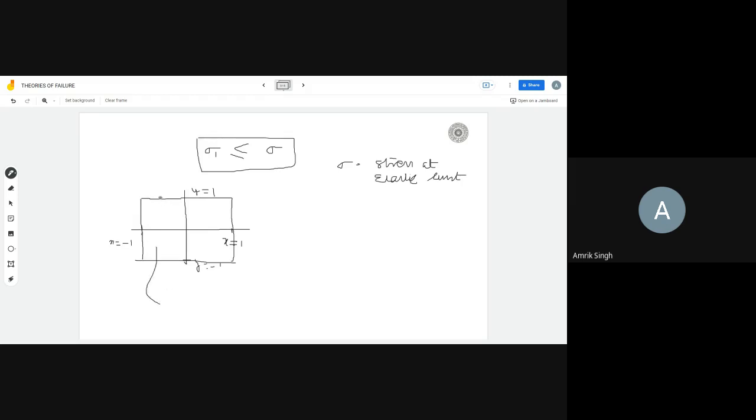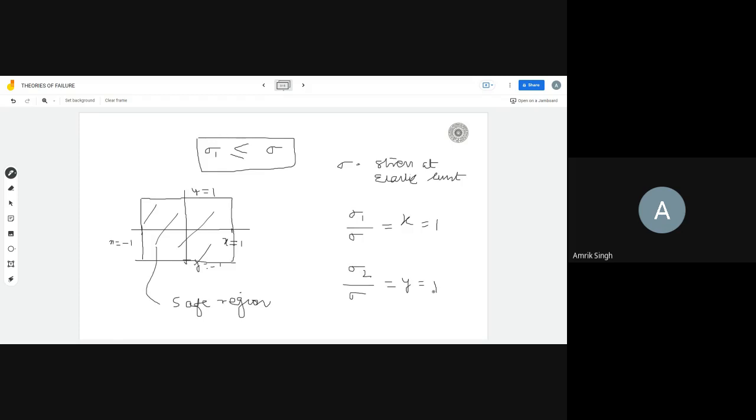So this whole region is going to be the safe region. If we design a component and the stress falls within this region, so this is sigma 1 upon sigma equal to x, and similarly sigma 2 upon sigma is equal to y.